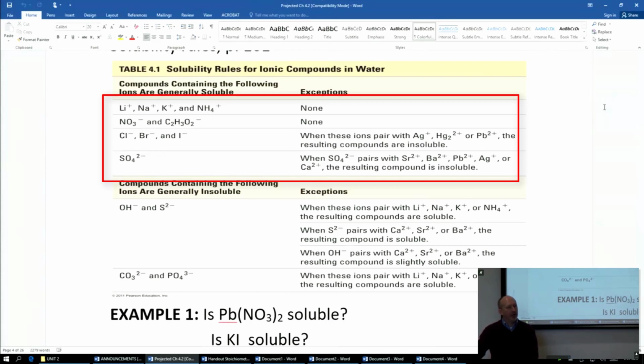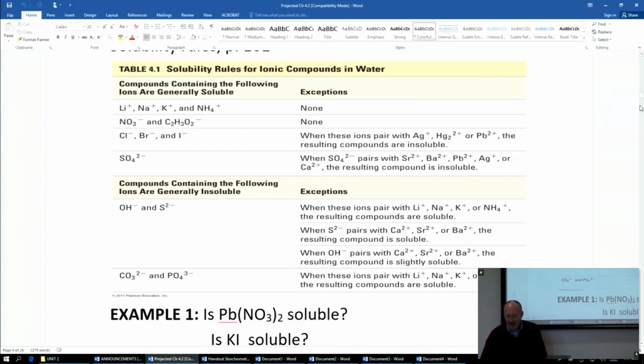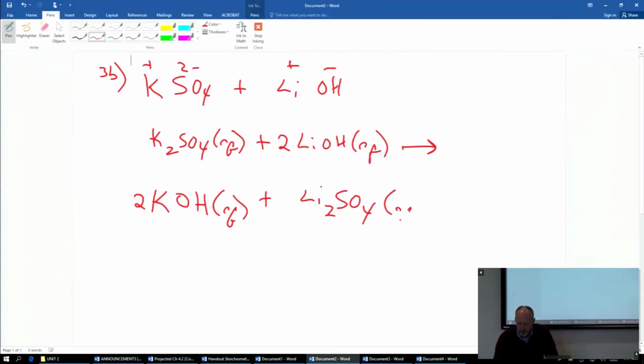Ashley, yes or no? Soluble. Lithium, always soluble. Potassium, always soluble. Sulfates, always soluble, except some exceptions which are not listed. So in this case, everything is aqueous. This is my molecular equation.